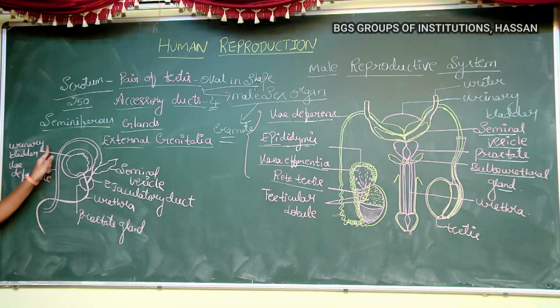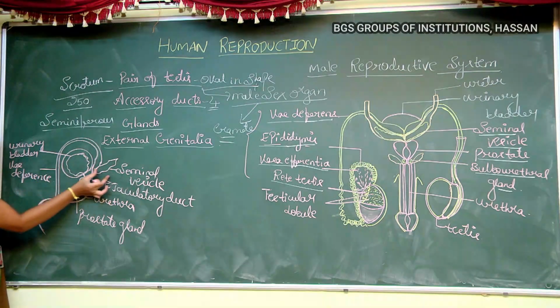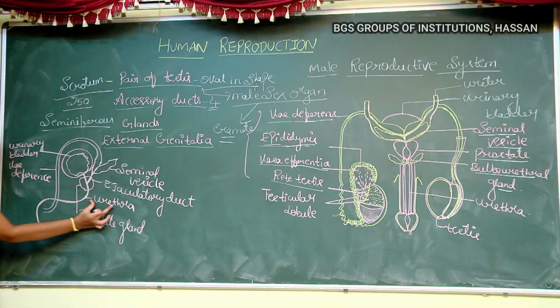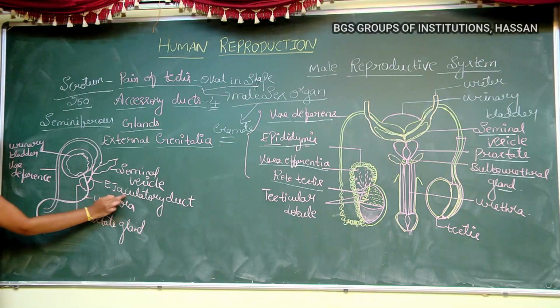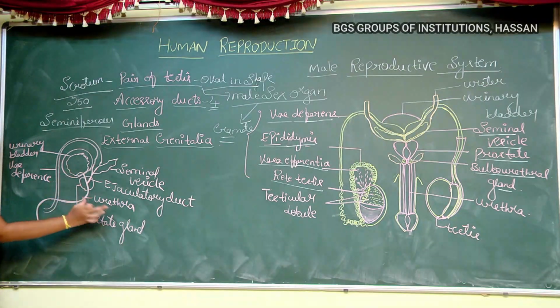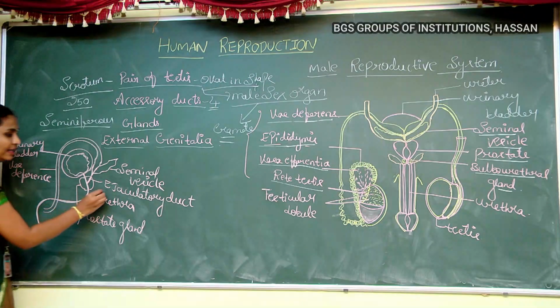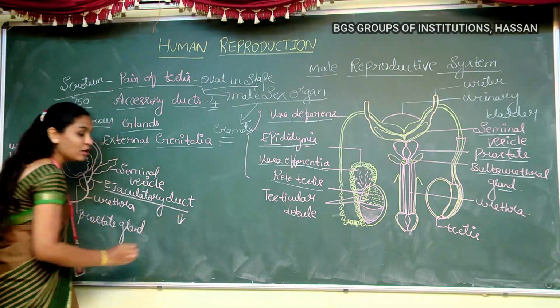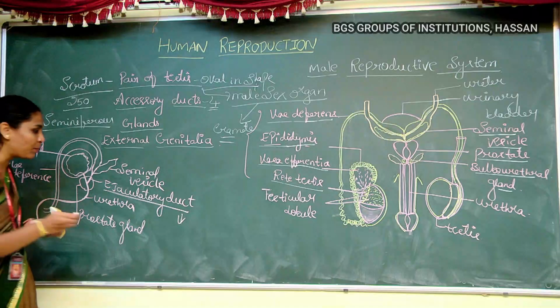Ascends into abdomen, loops over urinary bladder. This is the urinary bladder, and it receives a duct from seminal vesicle and opens into urethra as a ejaculatory duct. Here there is a presence of ejaculatory duct. Ejaculatory duct store and transport sperm.